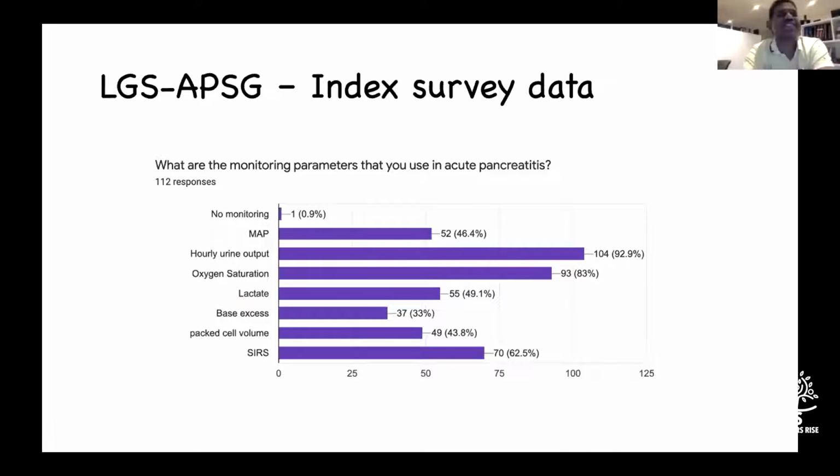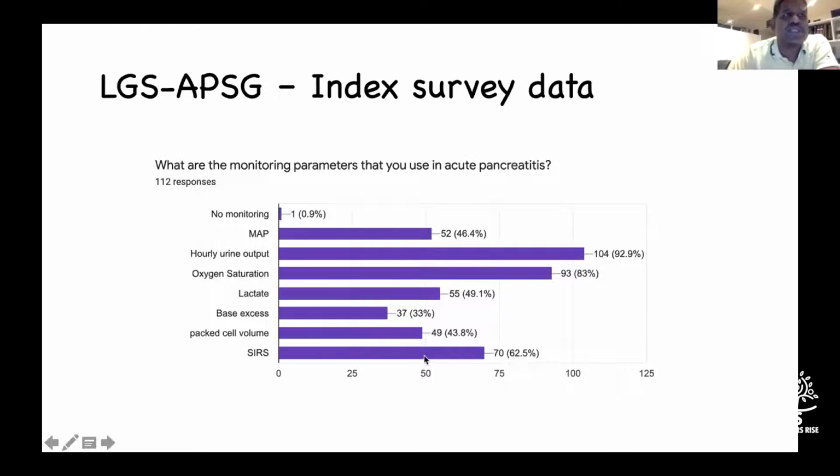We also asked them what monitoring parameters they use in acute pancreatitis. I expected 100% of them to use hourly urine output. No, about 92% of them use it, and it is still good. These are real data, and it's very nice to see.